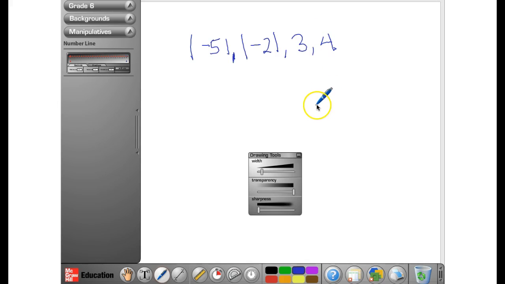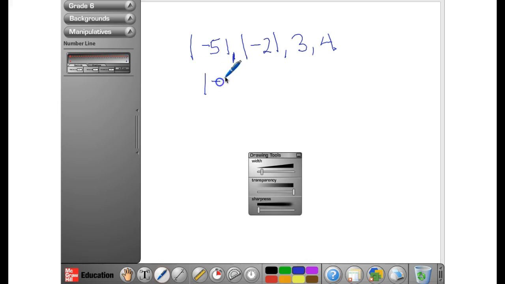If I were to present this to my students and ask them what relationship they see, I would hope that they would say that the integers are listed without really any relationship. I mean, for a second there, before I realized I had a 4 there, I was thinking it looks like it's gone from greatest to least. The reason I say that is because we have absolute values, but it looks like just a jumble of numbers here.